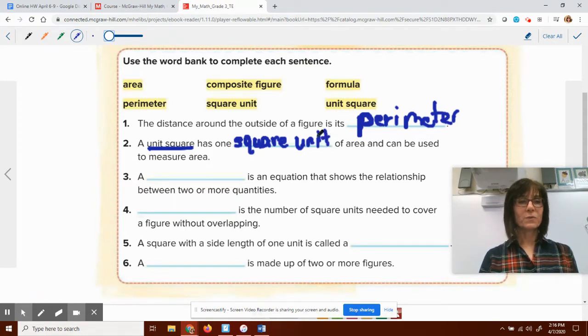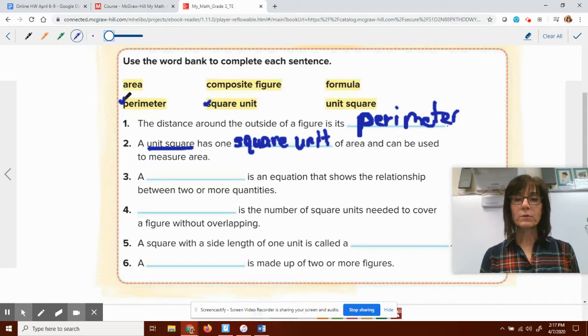All right, number three. A blank is an equation that shows the relationship between two or more quantities. I'm going to chalk these off. If we're not sure with number three, let's go on to number four.